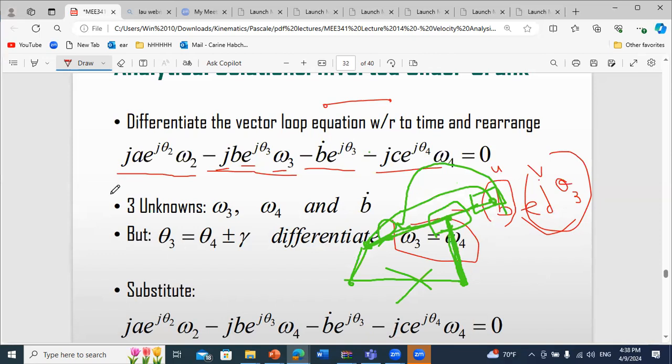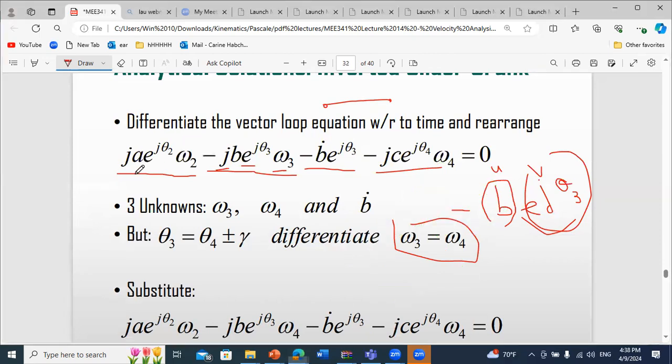Exactly. Okay. So now, when we derive the relation, the first vector gives the conventional derivative, j A e^(j theta 2) omega 2. For the second vector, we divide the derivative into two parts. This is the derivative related to the change in magnitude of B, and this is the component related to the change in angle.